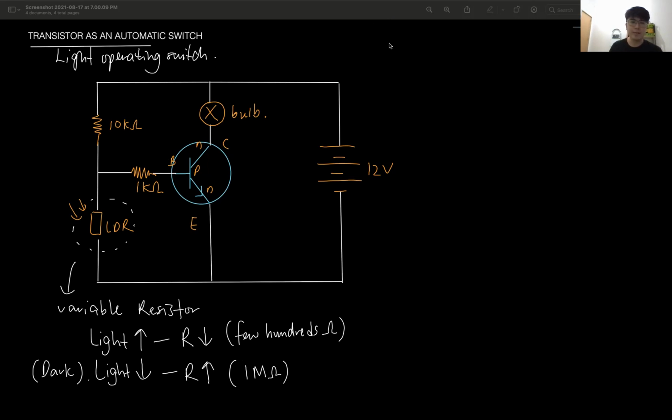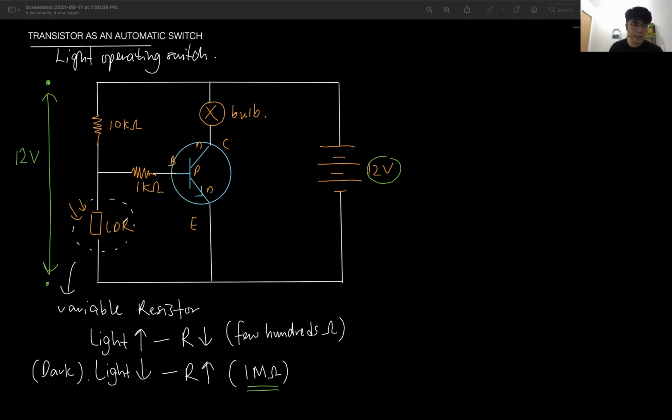Now, let's see how it works. You see, here is 12 volts, meaning that from here to here, the potential difference is also 12 volts. During the night, no light. So what happens to the resistance of the LDR? During the night, the resistance of the LDR increases to 1 mega ohm.